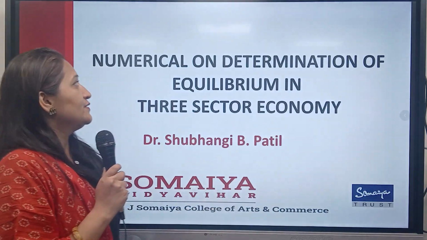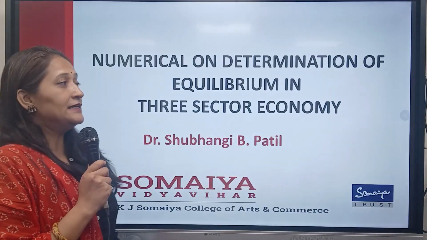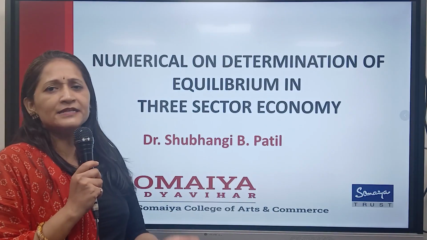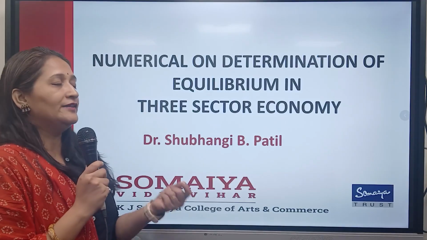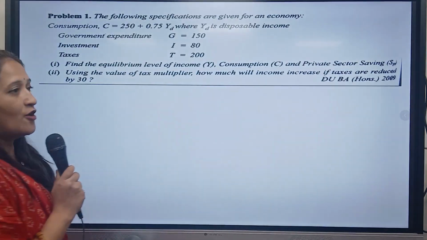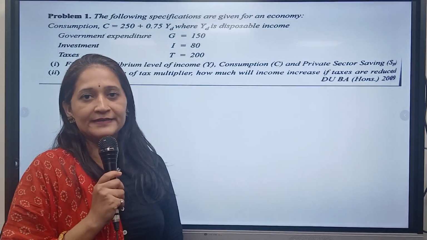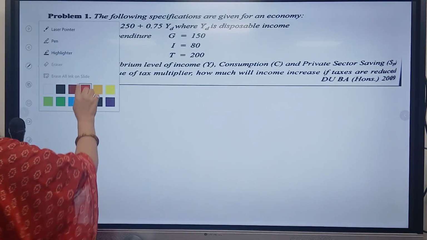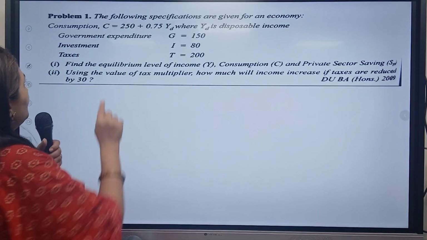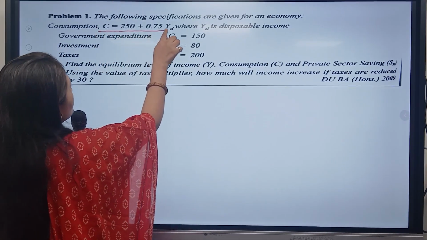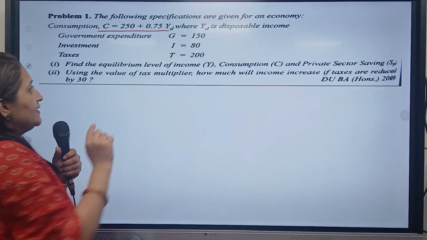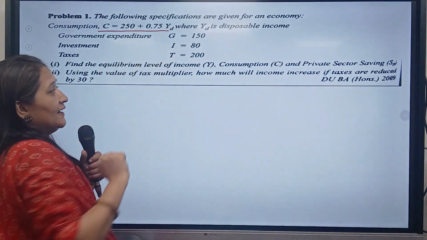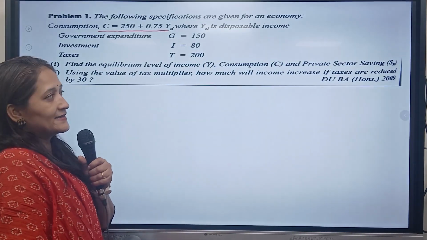So let us do the calculation on the equilibrium of income, consumption, savings, investment in a three sector economy. For that, let us have one case study. In this case study, you can see that we have been given a consumption function. We have been given the values for government expenditure G, investment expenditure, and taxes.